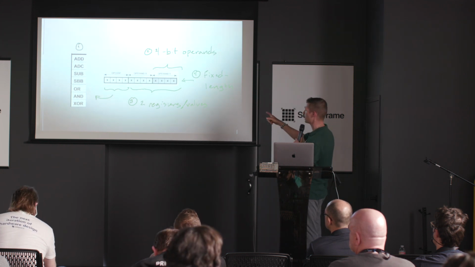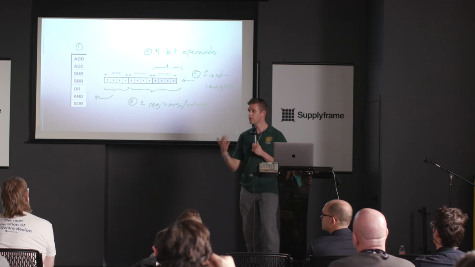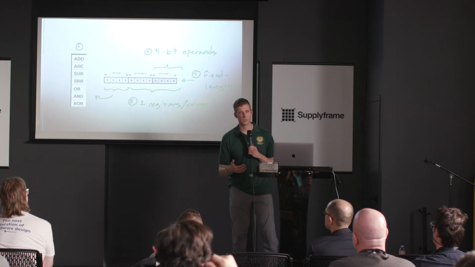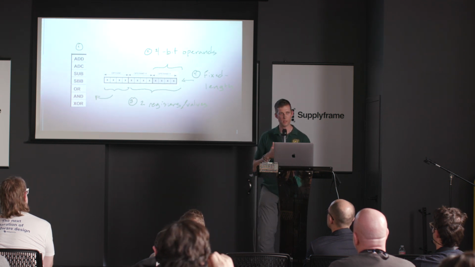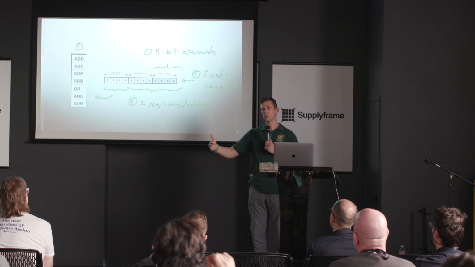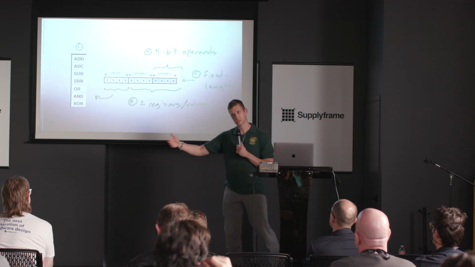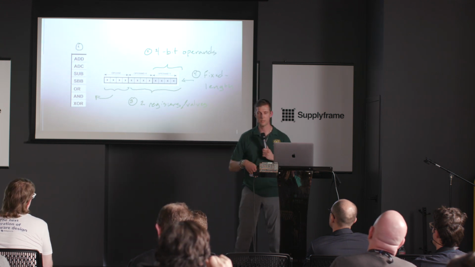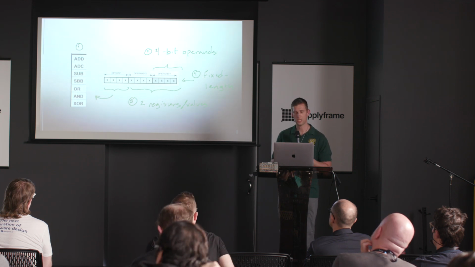Another decision that was made was to make the instructions fixed length. In some processors, the instructions are variable length. x86, the processor in most of the Windows laptops we all have, has instructions that vary from 1 to 15 bytes long. And the nice part about that is, if I've got a really long instruction, then there's part of the opcode that just tells the processor, hey, the next 4 bytes, keep reading those in, because that's part of what we're doing here. And if I've got something really short, it can just live in a single byte.